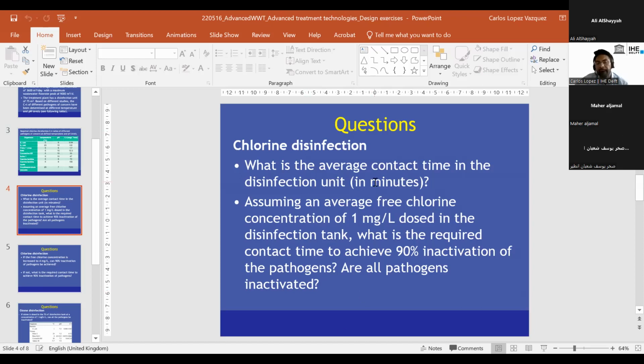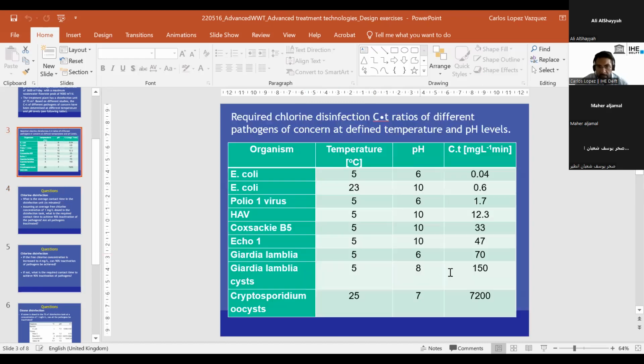I think according to the types of organism, like E. coli, viruses like polio, and Cryptosporidium.